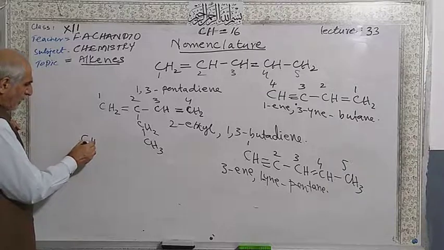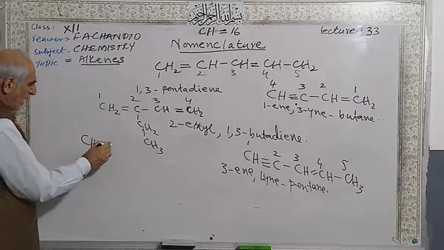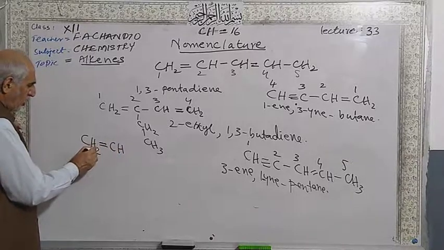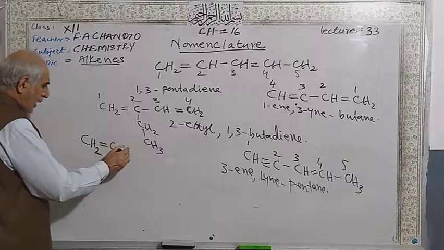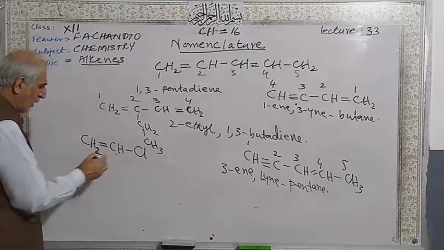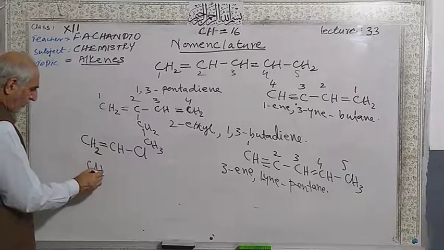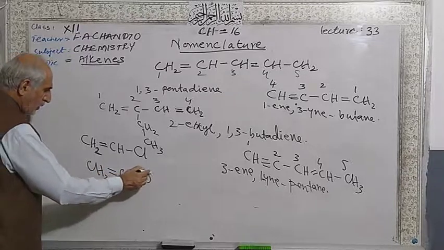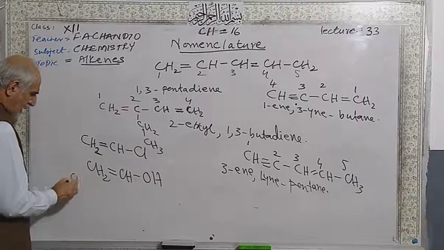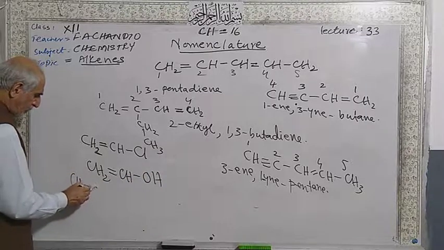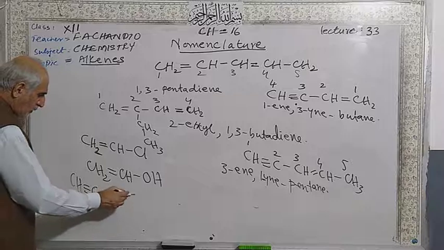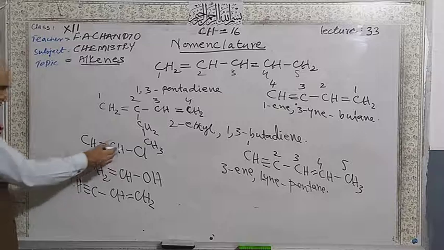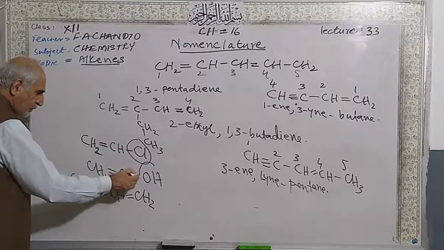If there are 2 carbon atoms containing a double covalent bond, if there is a functional group attached, this is also a functional group. Like this one. So this is a functional group.